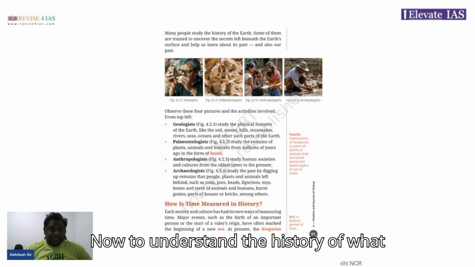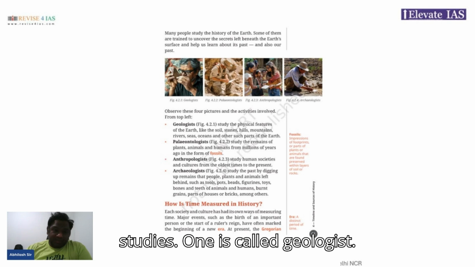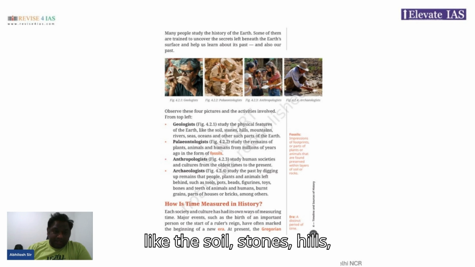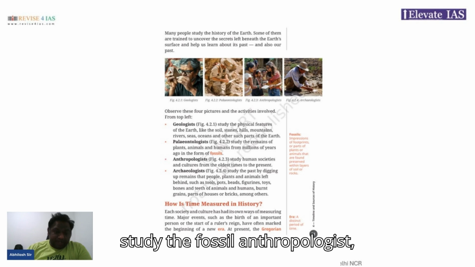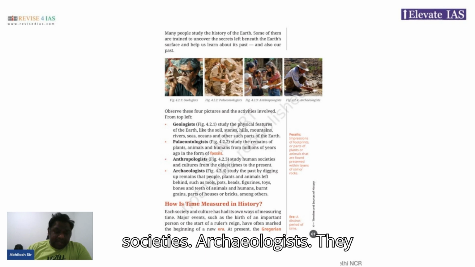Now, to understand the history of Earth, there are certain job roles or studies. One is the geologist. They study the physical features of Earth, like the soil, stones, hills, mountains. Then the paleontologist, they study fossils. The anthropologist studies human societies.